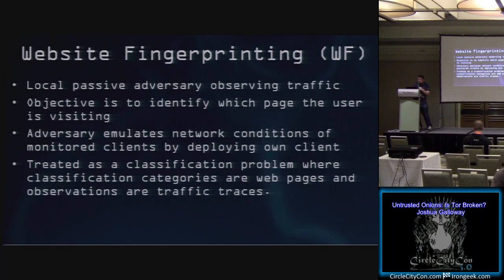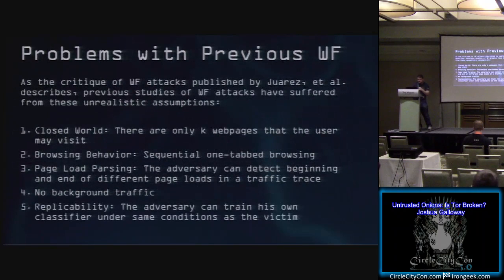But a problem with a lot of website fingerprinting attacks is that all the studies done on them usually have these limitations. The one that I found most problematic was that it assumes sequential one-tabbed browsing.